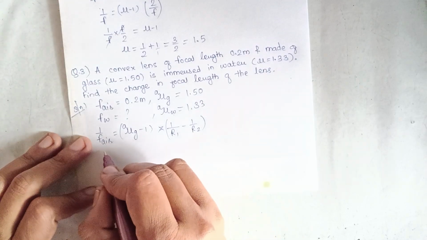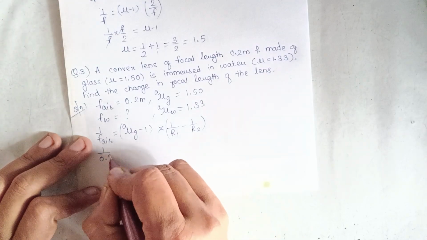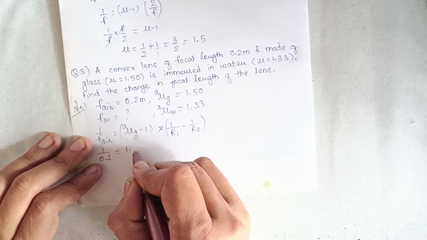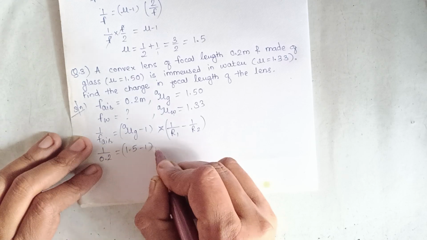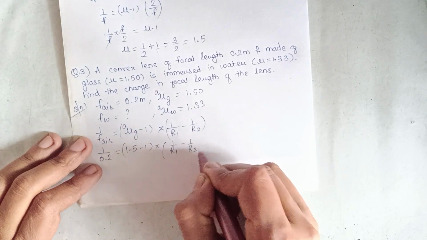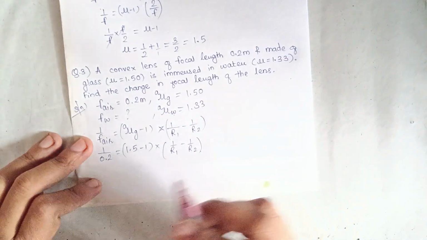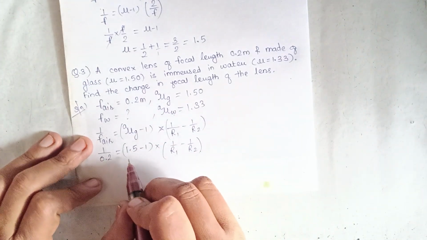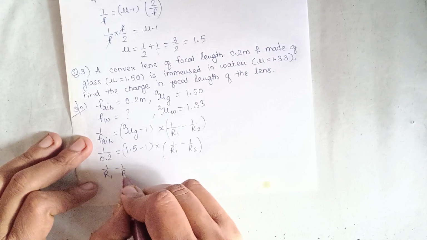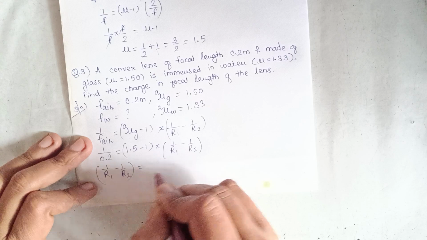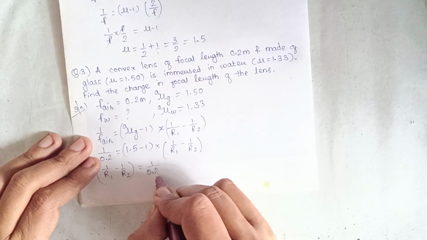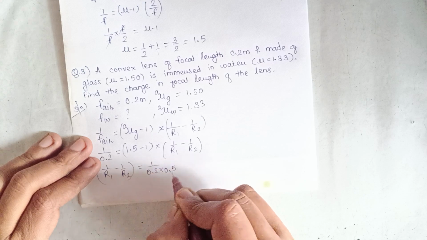This is given to be 0.2. This is our 1.5. This is 0.5. So 1 upon R1 minus 1 upon R2 is 1 upon 0.2 into 0.5.